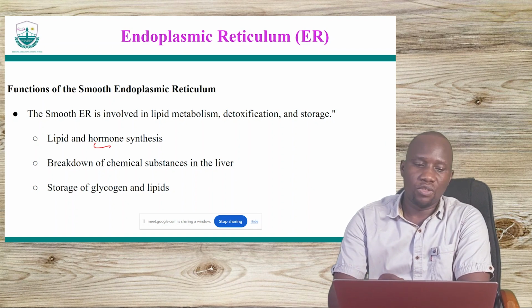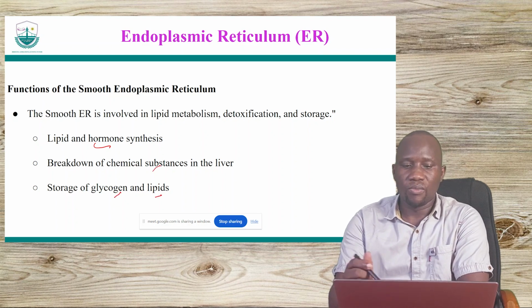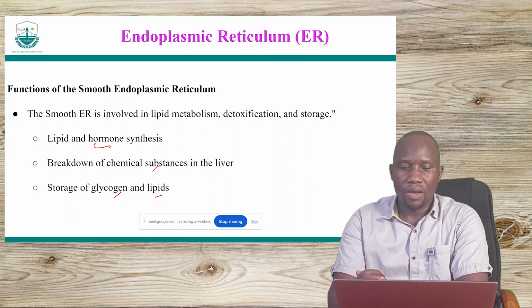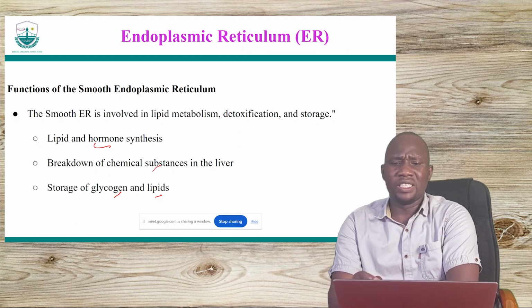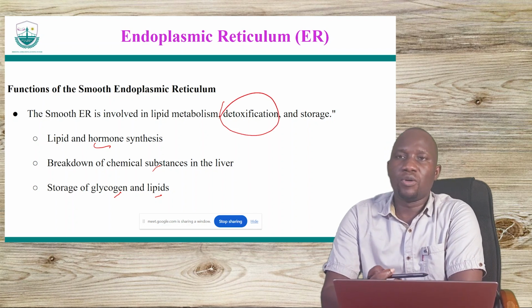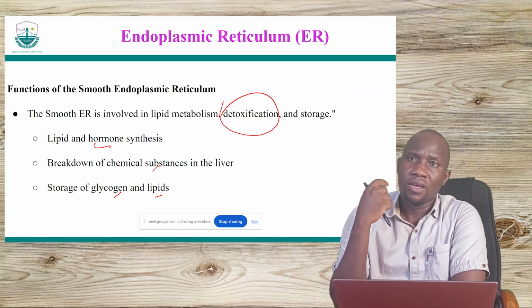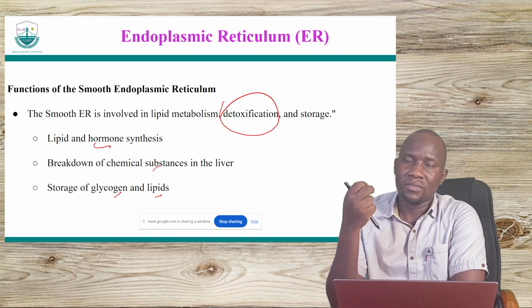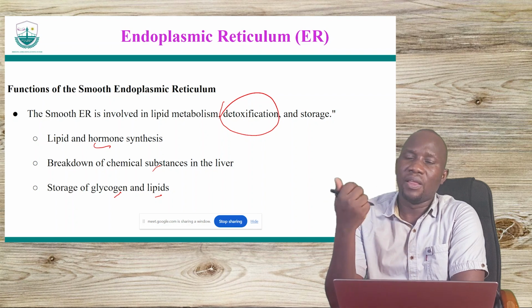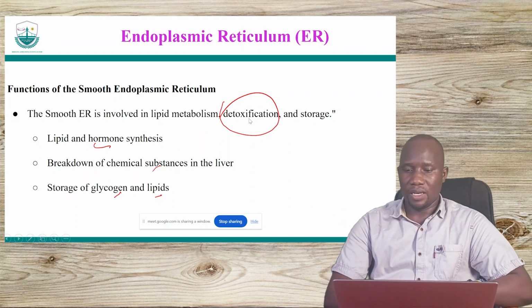They can also be used for storage of glycogen and lipids, and also breakdown of chemical substances in the liver, which is basically detoxification. So the smooth endoplasmic reticulum is responsible for three major functions: lipid synthesis, detoxification, and storage of glycogen.